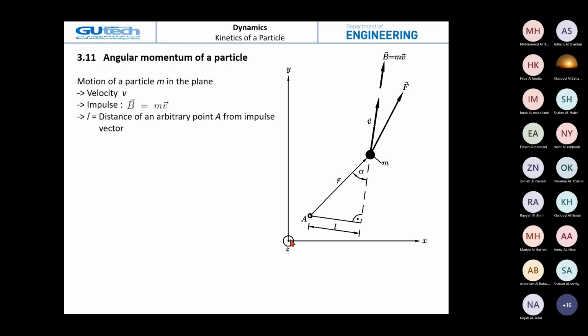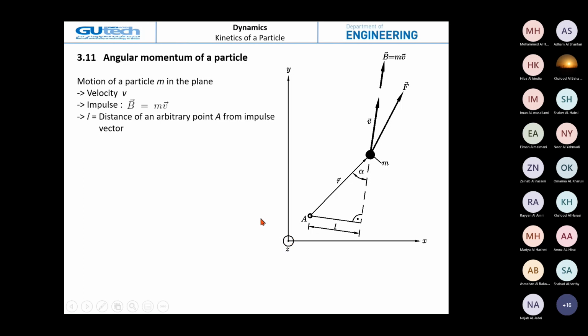Here, if we look now at this coordinate system x, y, we have, of course, the axis z.